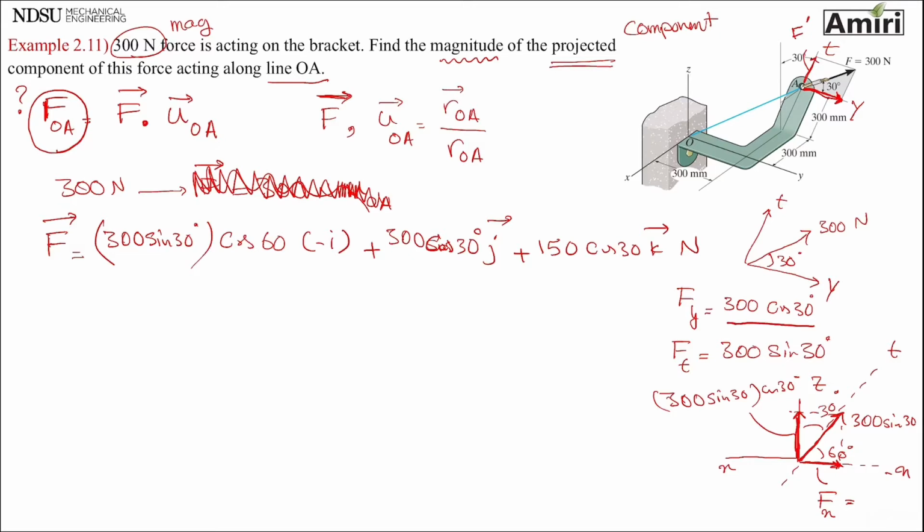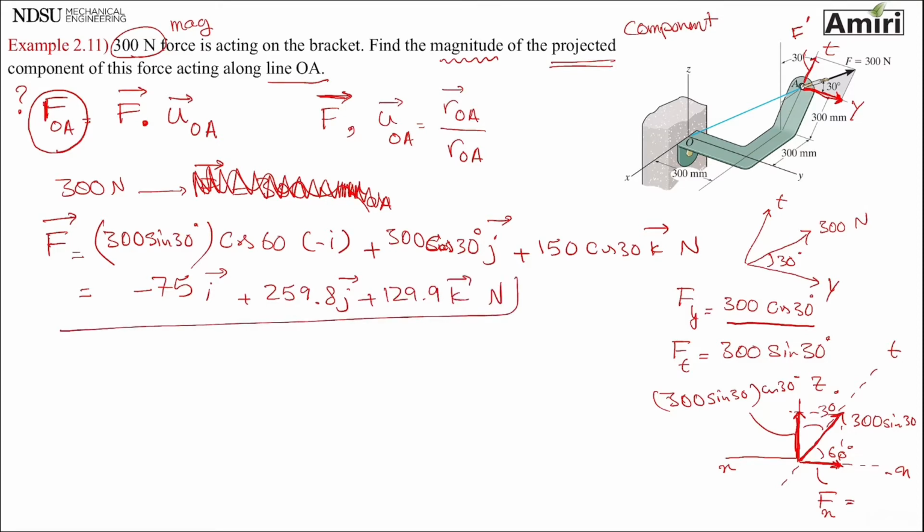And then I brought F prime to the z and x axes. Okay. If you do the math, you're going to get minus 75 i, 259 j, 129.9 k newtons. So this is my F.